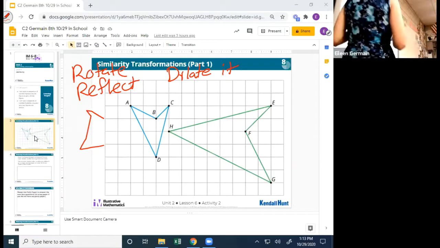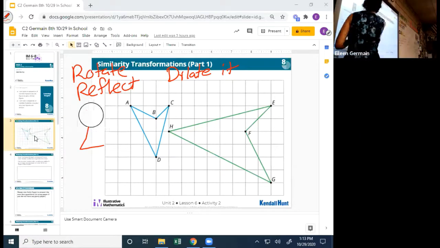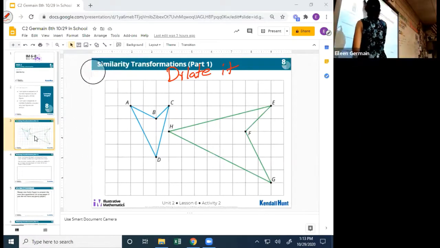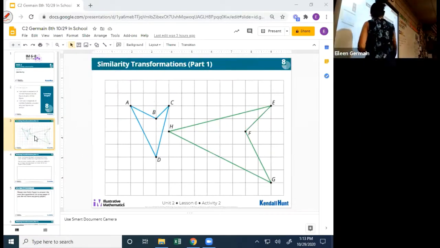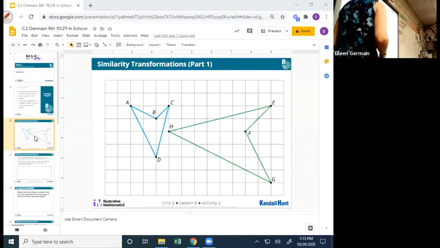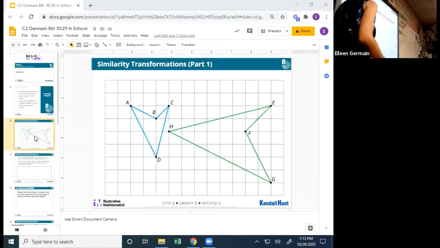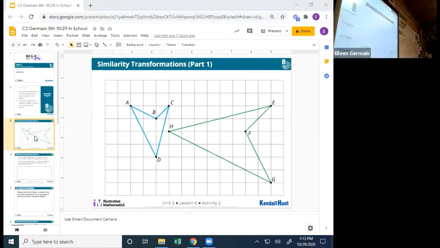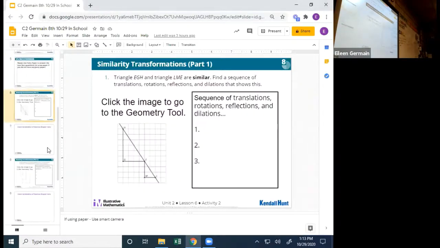So now what I want you to do, if you are at home and if you're in here and you have a textbook, I want you to open your textbook. If you are at home, you're a CDL, you don't have your textbook yet, I want you to watch along with us. So let me just scroll so I can get to the activity. If you're in your textbook, open up to lesson number 6.